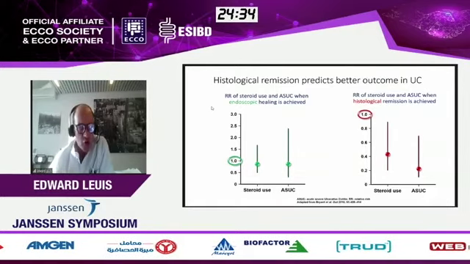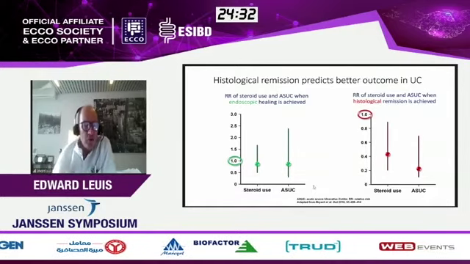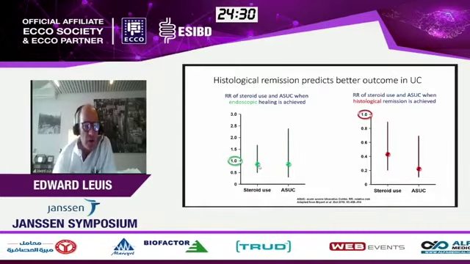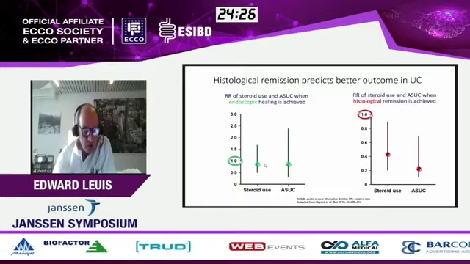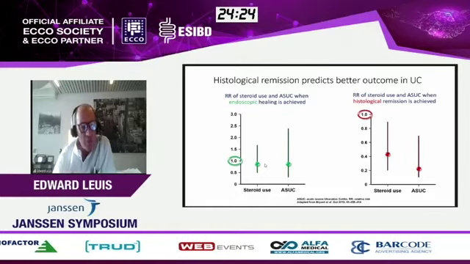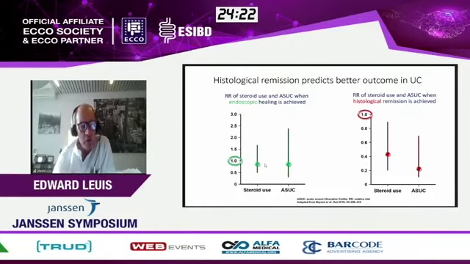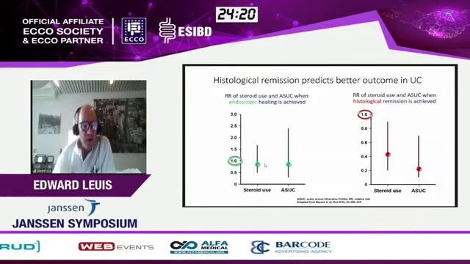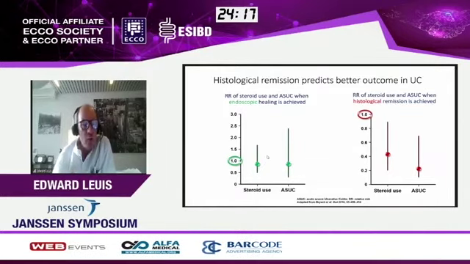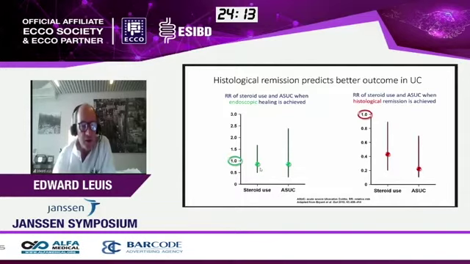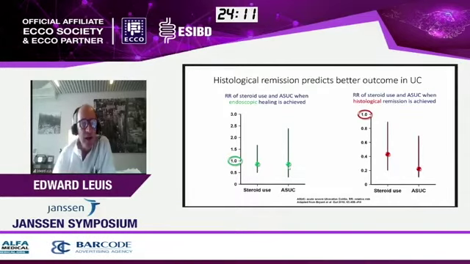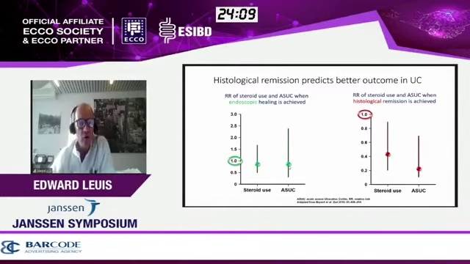And what they could show is that when the patients were in clinical remission, whether they were in endoscopic healing or not, and they chose here for the definition of endoscopic healing a Mayo score of 1 as a threshold, there was no difference in the coming months and years as far as steroid use and the occurrence of acute severe colitis.